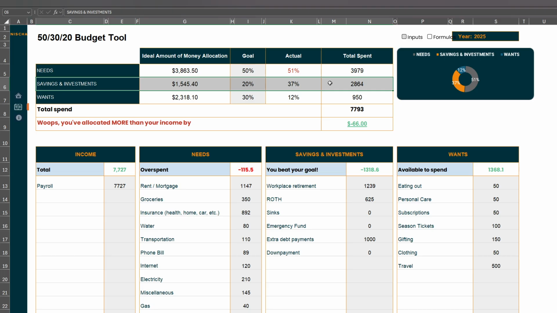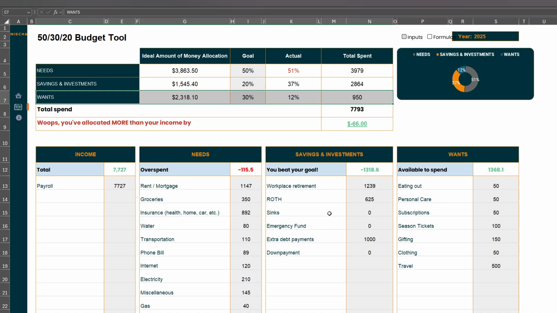The amount that is going into savings and investments is pretty high. Even if we removed this, because I'll be paying off that debt pretty soon, it's still above what her recommendation is. And then I'm not spending very much in wants at all. I do expect that to go up.